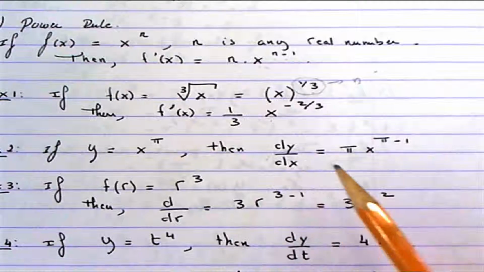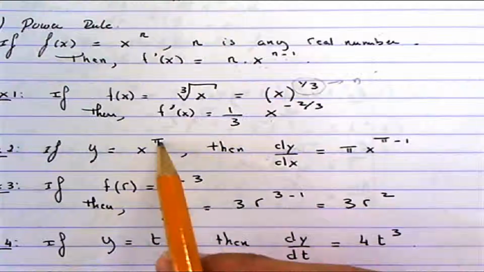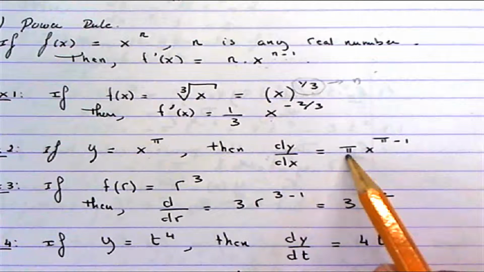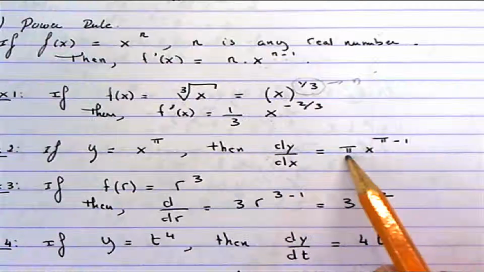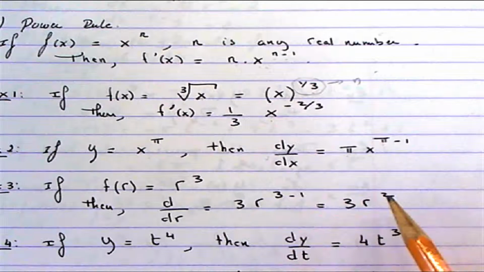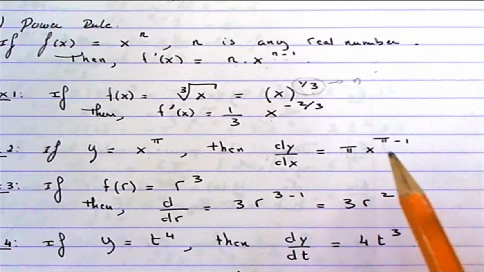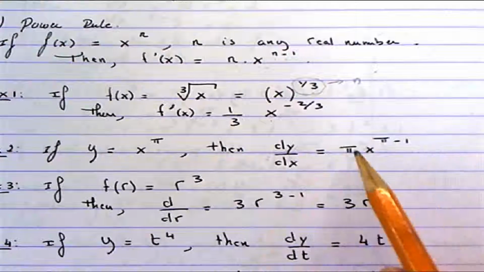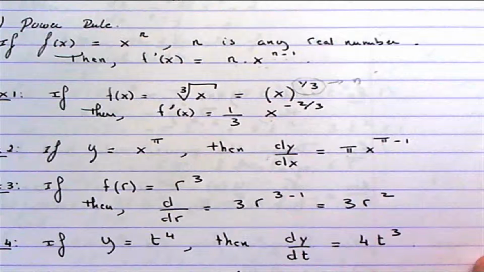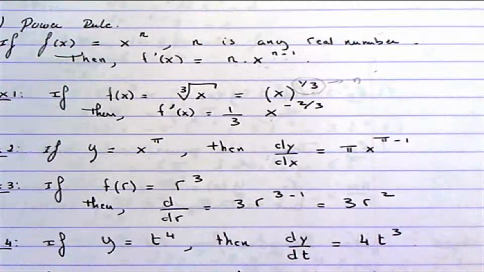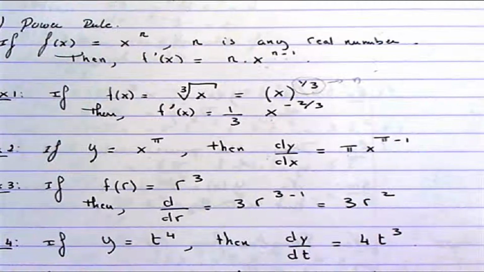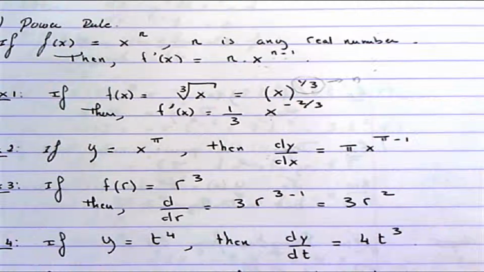Again, that pi goes in front of the x, and then pi minus 1. In calculus, we don't go all the way through; we leave things like this for now. Is it clear so far? Any questions, people?